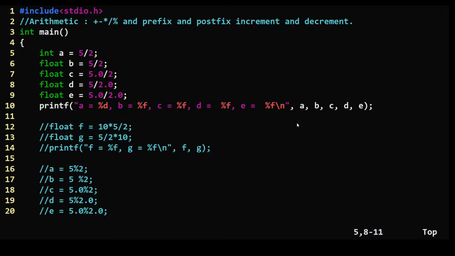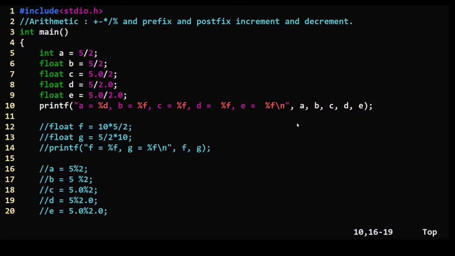So we have an integer a, which is getting integer 5 divided by integer 2. Float b, same integer 5 divided by integer 2. C is float 5.0 by integer 2. D is 5 divided by float 2.0. E is 5.0 by 2.0.